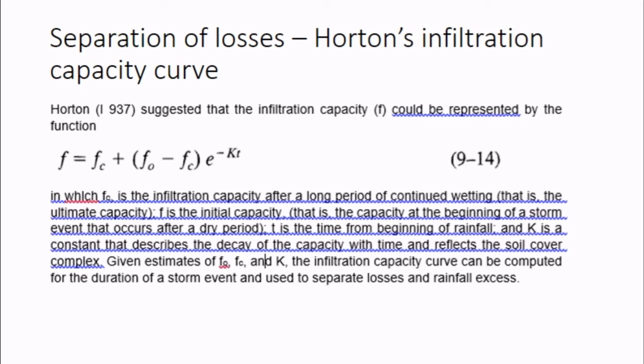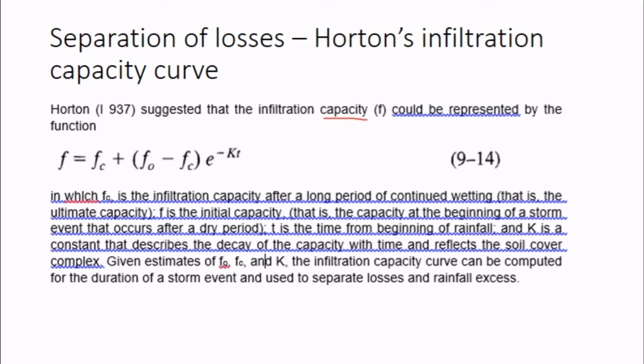Okay, so according to Horton, the infiltration capacity, the capacity of the soil to infiltrate in a watershed, is F equals F sub C plus the difference between F sub O and F sub C multiplied by e raised to the negative KT, where T is the time, F sub C is the infiltration capacity after a long period of continued wetting, and F sub O is the initial capacity, the capacity at the beginning of a storm event that occurs after a dry period.